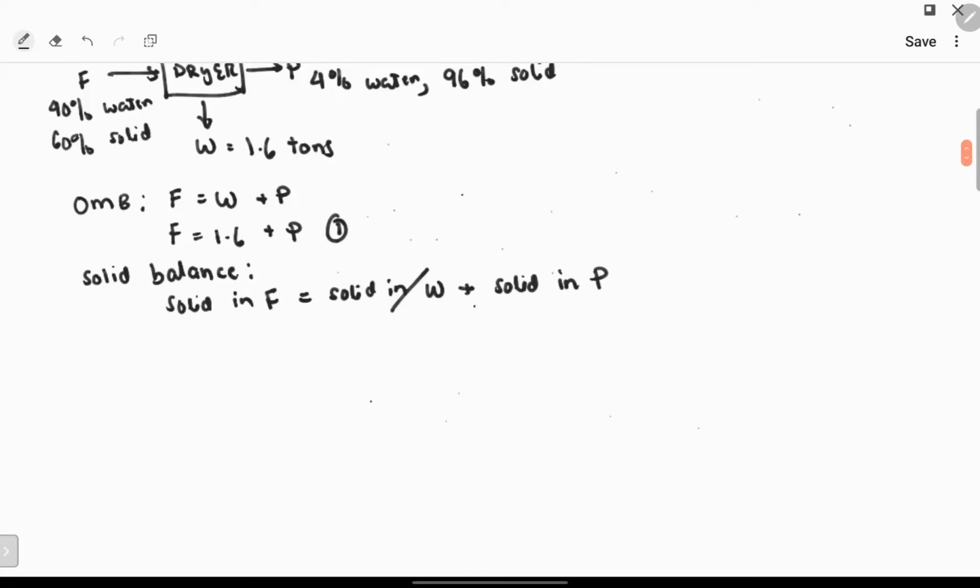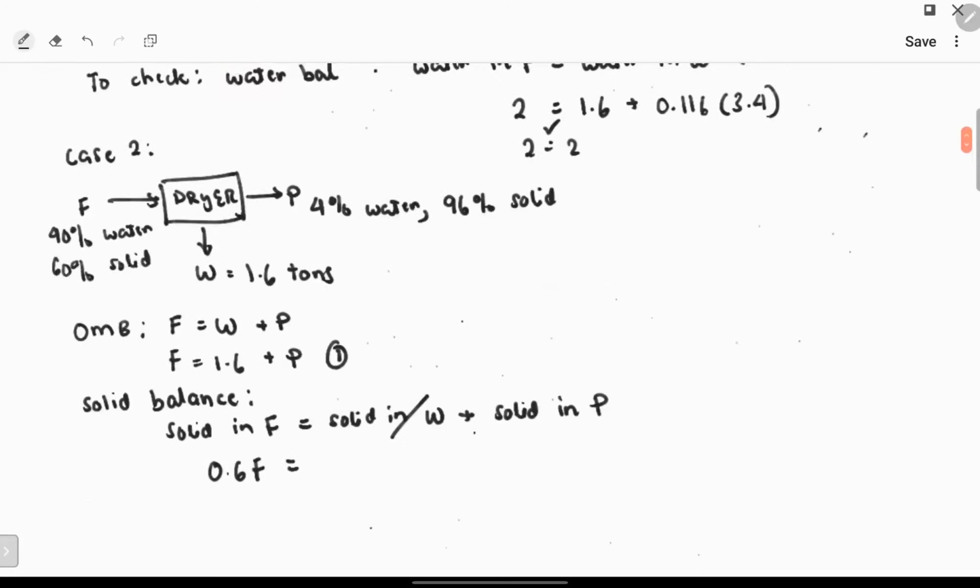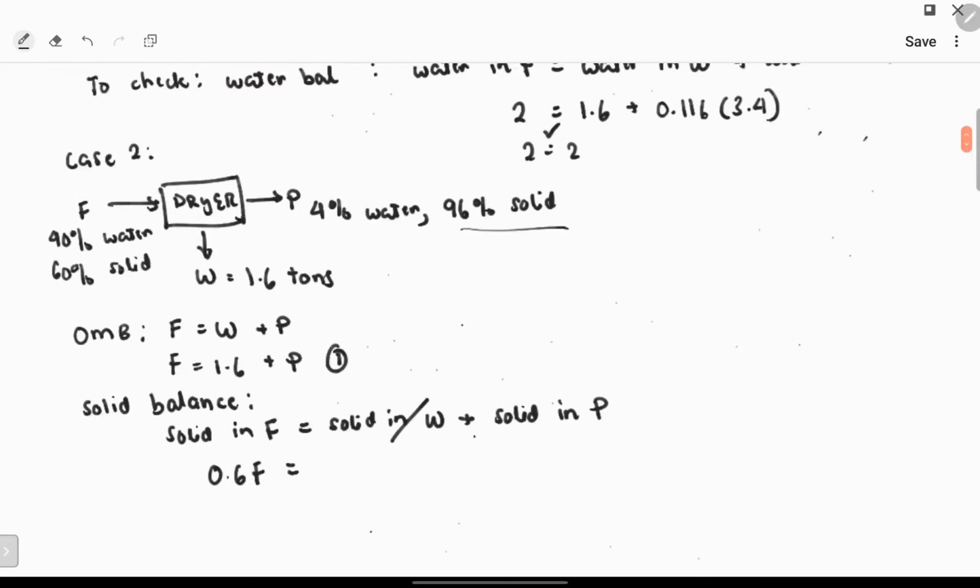W is purely water, right? So solid in F, it's 0.6 of F. We don't know F, but we know the composition of that, which is 60% solid. So 0.6 F equals solid in P. Solid in P, we know that also. It's stated here na 96% ang solid dun sa P. So that's 0.96 P. So this is now your equation 2.